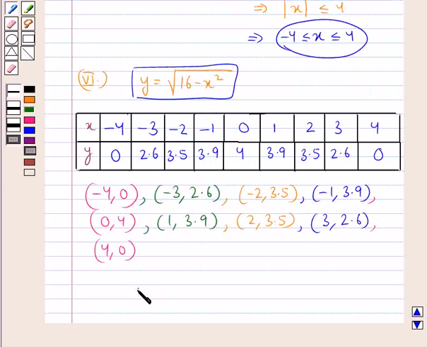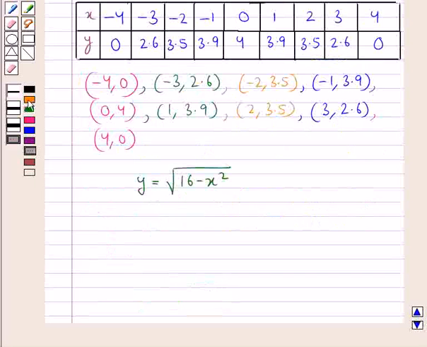Now the given function was y equal to square root of 16 minus x square. Now when we square both sides, we get y square equal to 16 minus x square, and further we get x square plus y square is equal to 16.